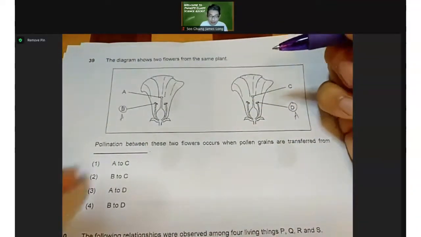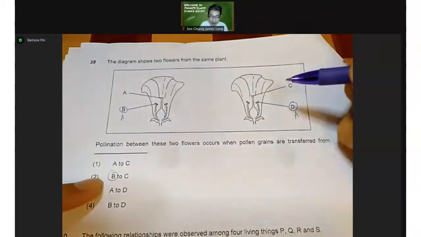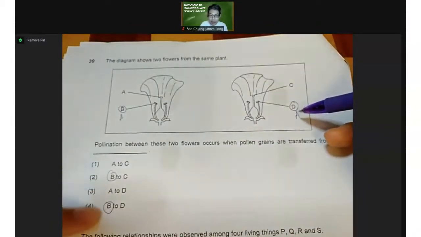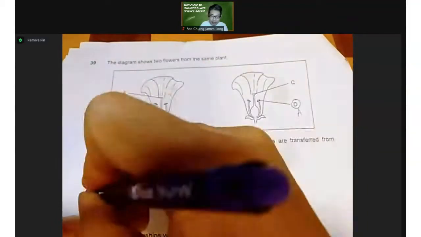Okay, let's see. B. I don't see D here, so this cannot be the answer.